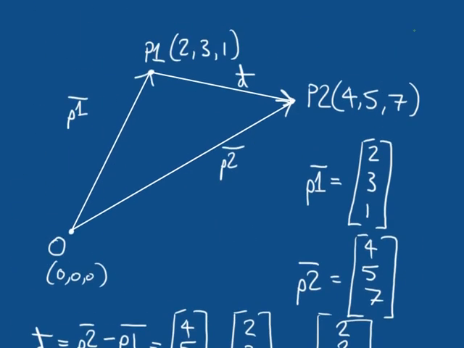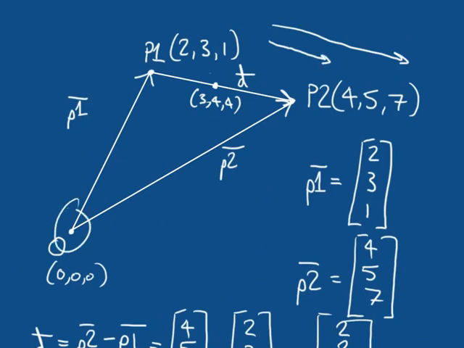Now on our diagram, the point 3, 4, 4 would be right around here. And why is it right around here? We've used a parameter value for t of 0.5. That means we've taken our vector d and we've scaled it by a half. It's now half the length that it originally was.